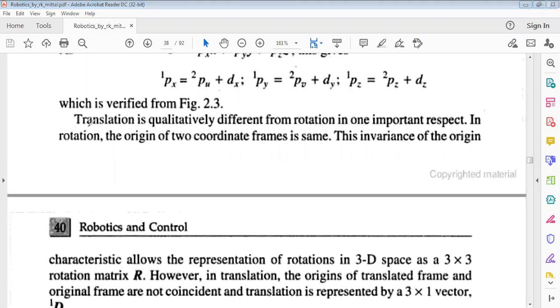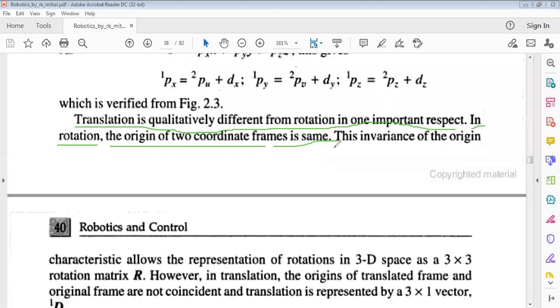Translation is qualitatively different from rotation in one important aspect. In rotation, the origin of the 2 coordinate frames is the same, as in the first possibility.